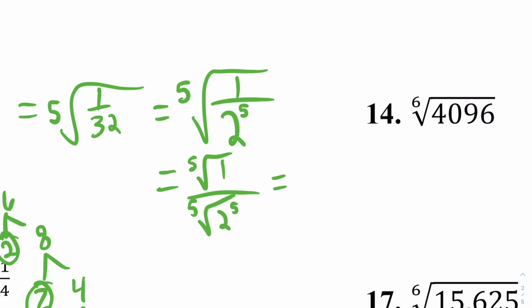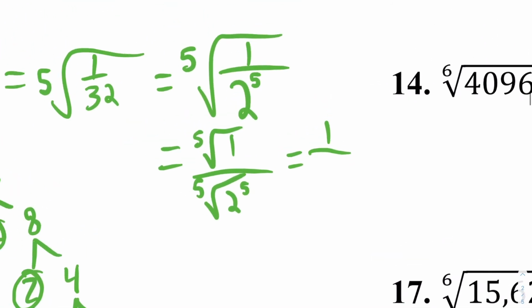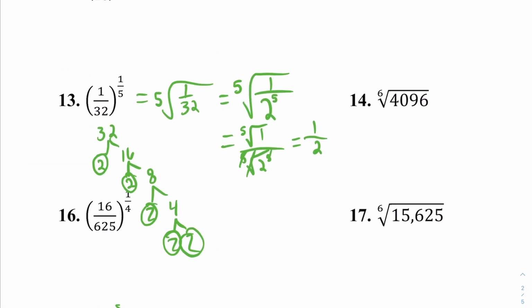Whenever you're doing any squaring or roots with the number 1, it's always going to stay the number 1. Whenever we have the fifth root of 2 to the fifth power, these two things match perfectly and they cancel each other out, and you are just left with the number 2. The answer for 13 is 1/2.